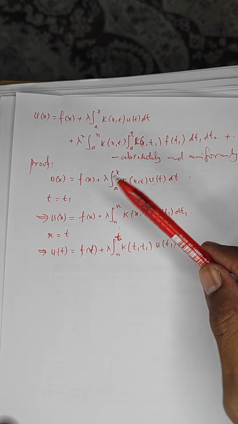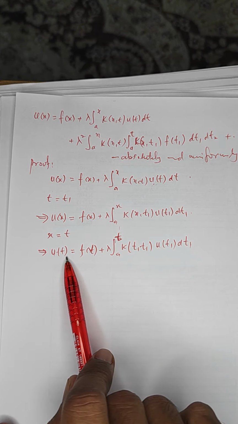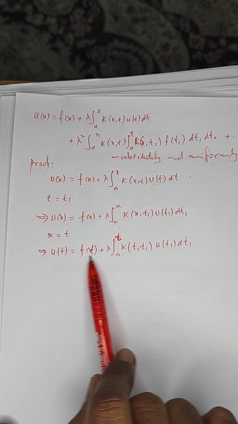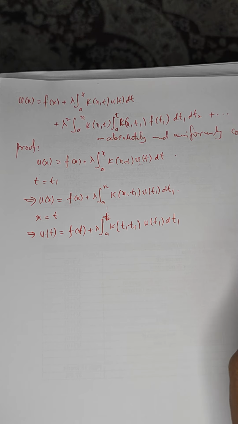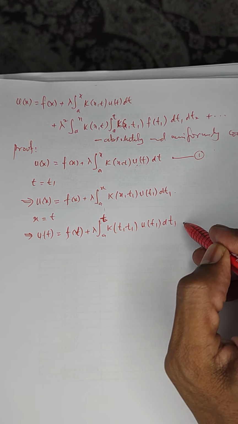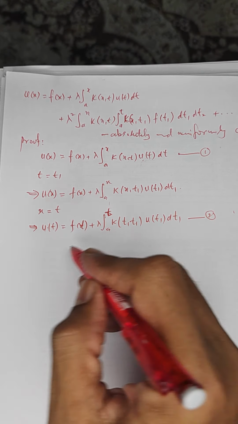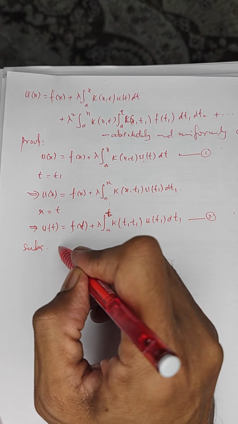We have u(t) given as that, so just substitute into it. Let's call this equation 1 and this equation 2. We substitute 2 into 1.